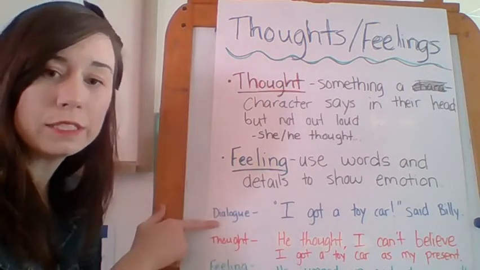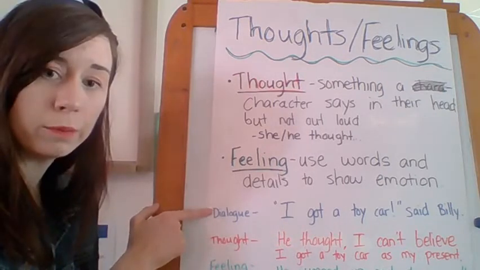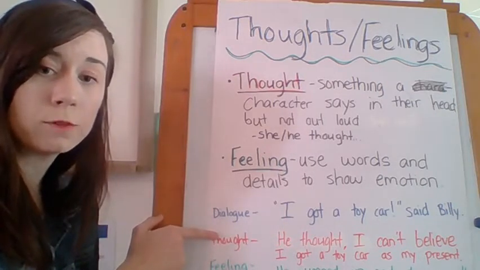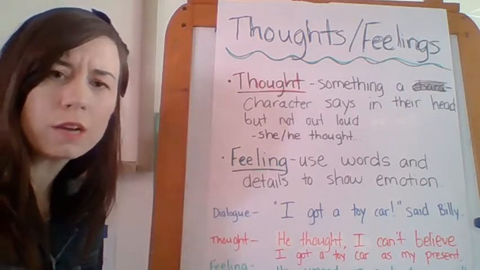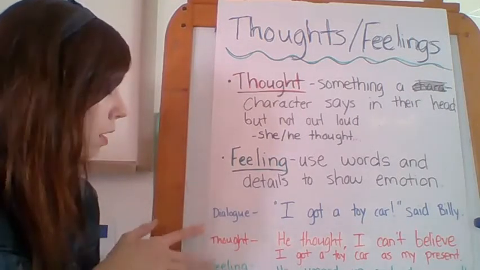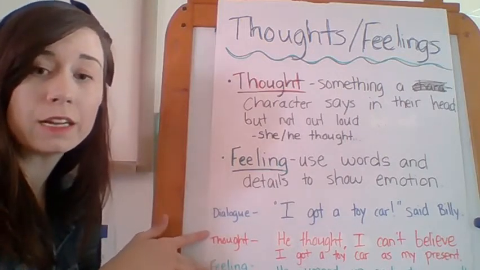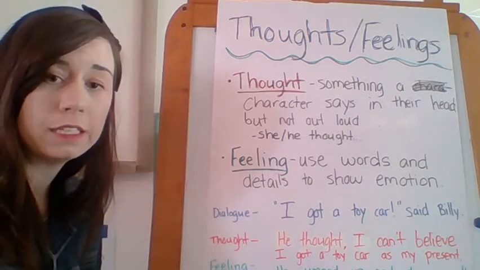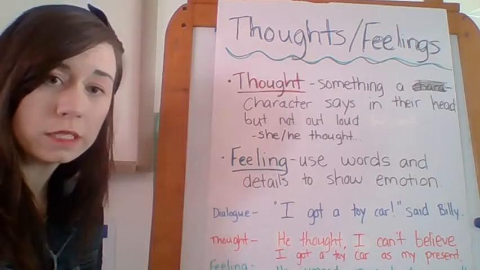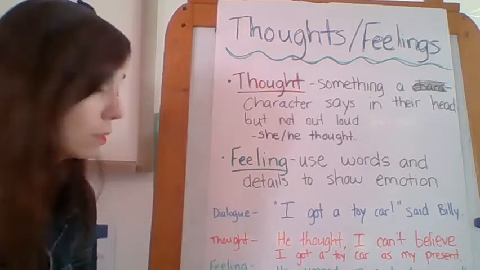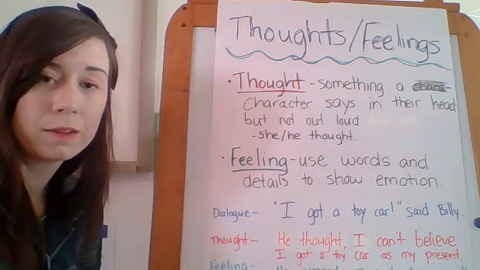So, my example today is I have dialogue in blue, a thought in red, and a feeling in green, and we'll talk about these. So, one thing I do want to mention is when you are wanting to add a thought or a feeling into your story, it's kind of easy to add it along with dialogue.